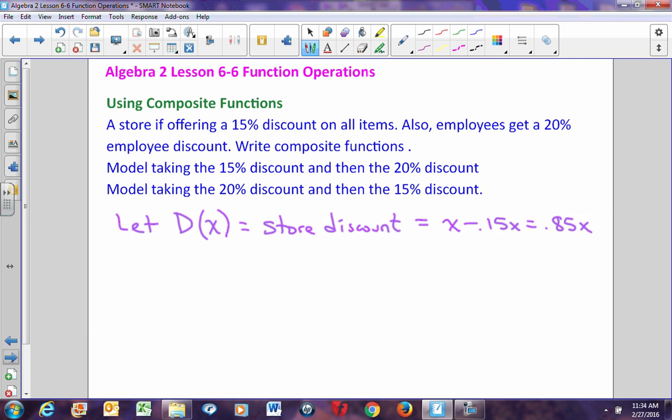I'm going to let e of x equal my employee discount, which will be x minus 0.20x, or 0.80x. And x is obviously the cost of whatever the item is.